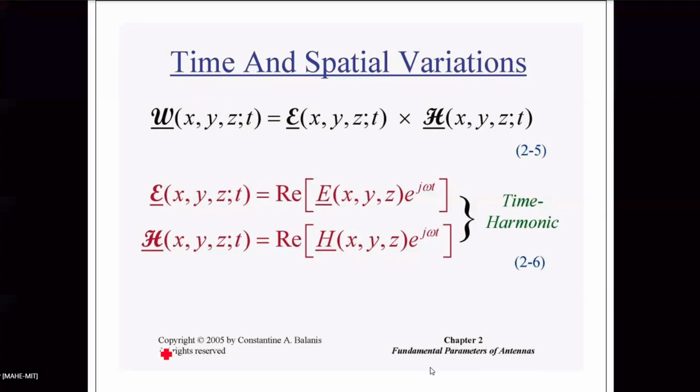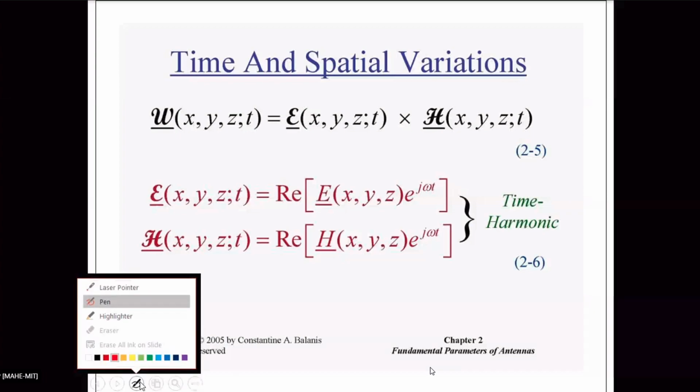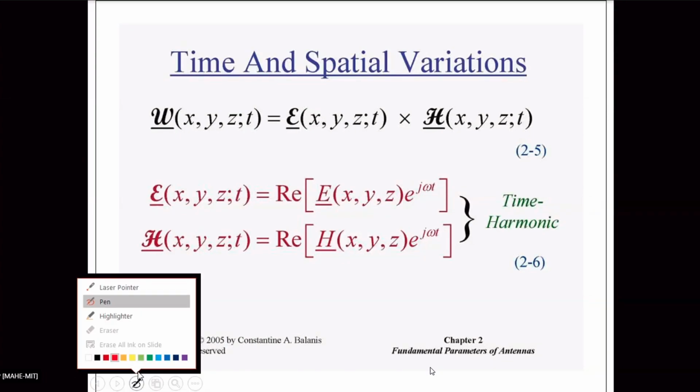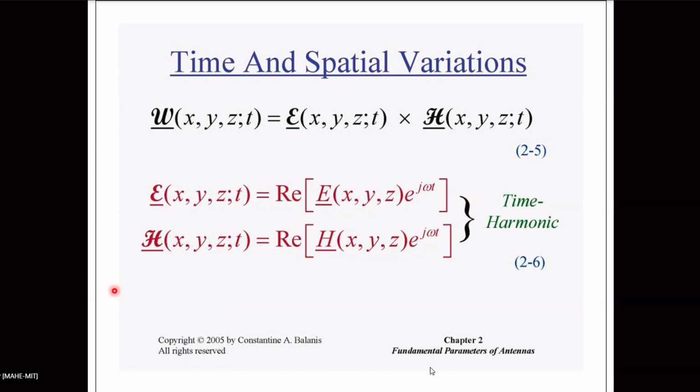So you now will explain once. So what is this W? If you take a rectangular coordinate system, it can be a function of x, y, z and t, a function of space and time.